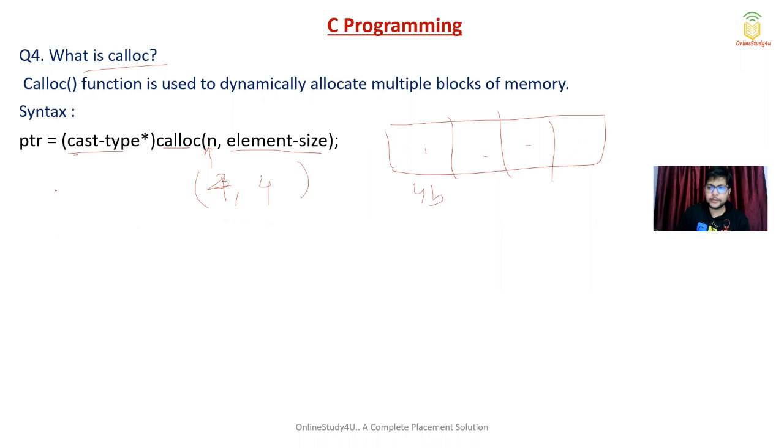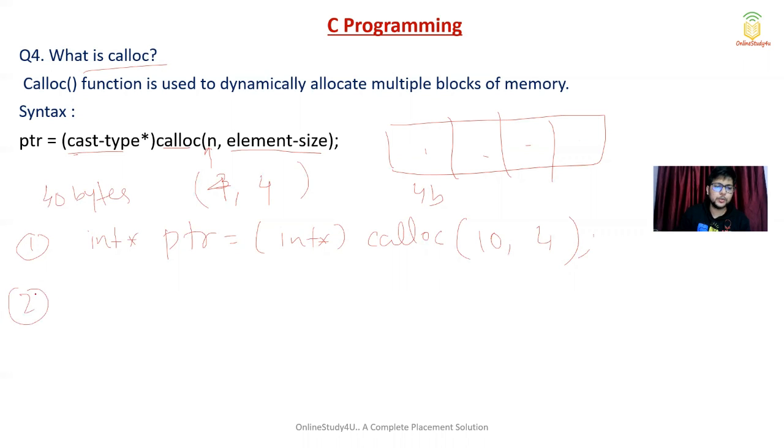Let's say I want to allocate a memory of 40 bytes using Malloc and Calloc. So what can we do? Let's see with Calloc first. I can write int *ptr = (int *)calloc(10, 4), right?